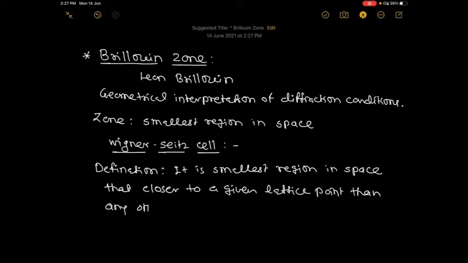That smallest region is a Wigner-Seitz cell.